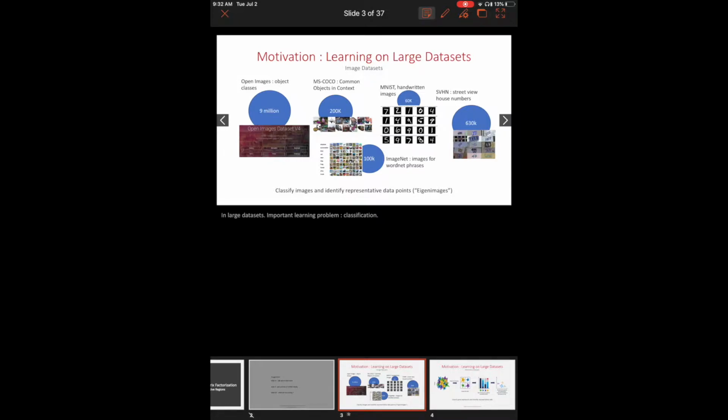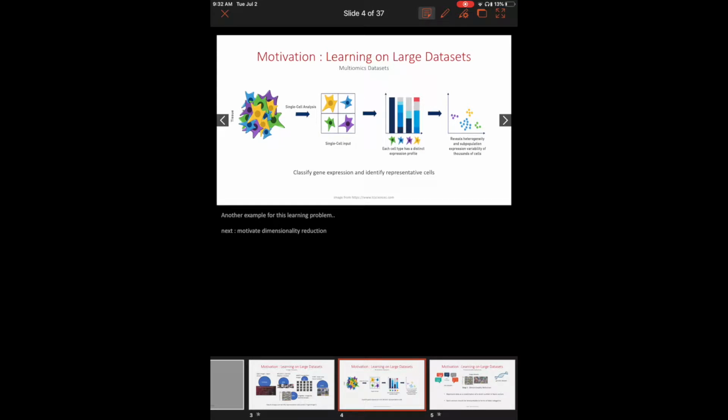Similarly, in large genomic datasets, where each data point represents the gene expression data for a single cell, we want to classify the cells into clusters and identify representative cells, cell types for those clusters.